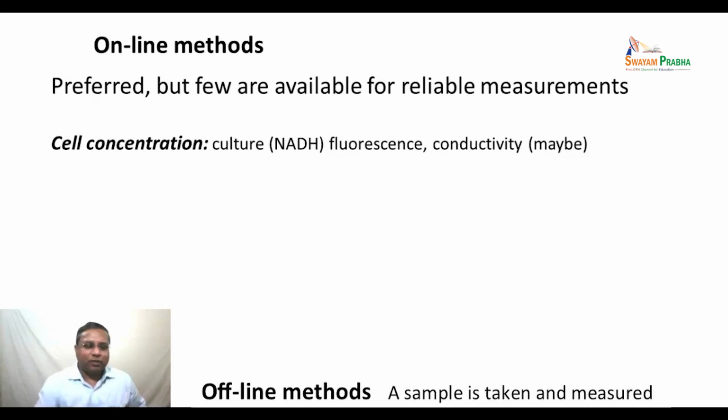For example, if we look at measuring cell concentration, there are a few online methods. There is a fluorescence method that measures the fluorescence of a molecule inside the cell. It's called NADH. You all know NADH, nicotinamide adenine dinucleotide, the hydrogenated form of it.